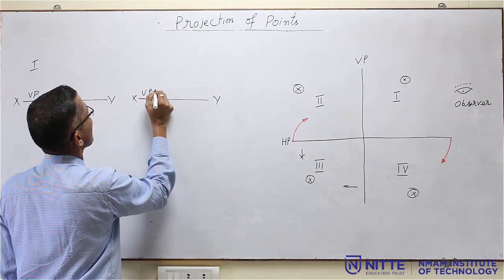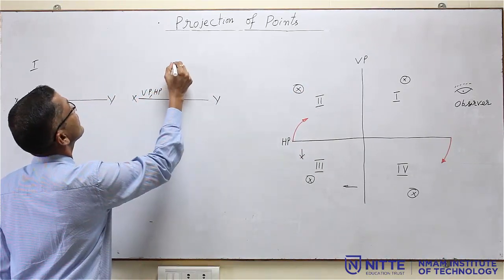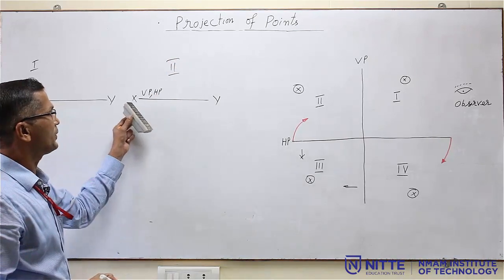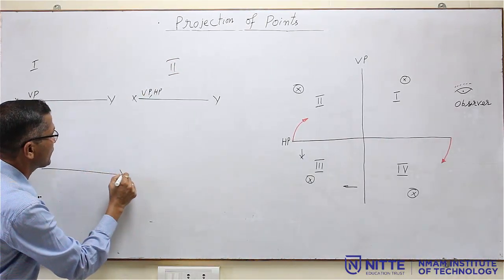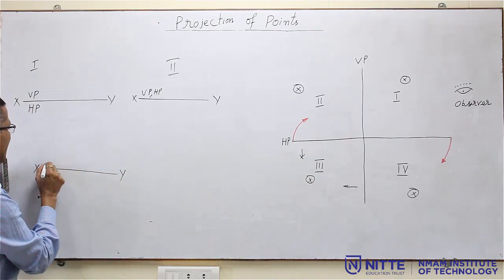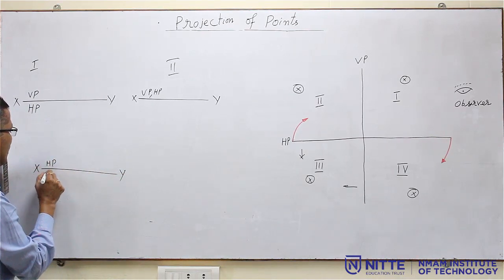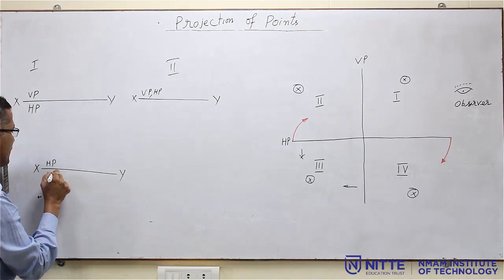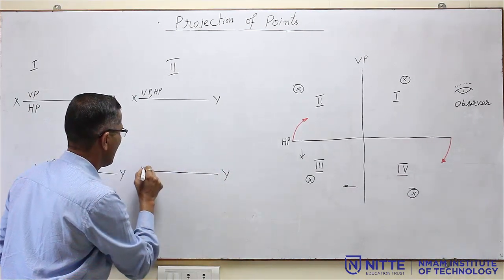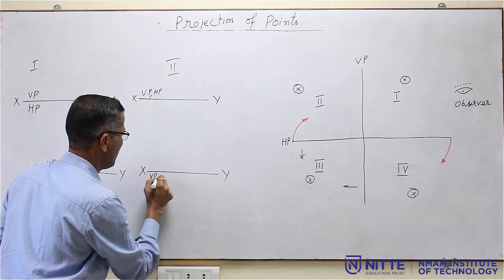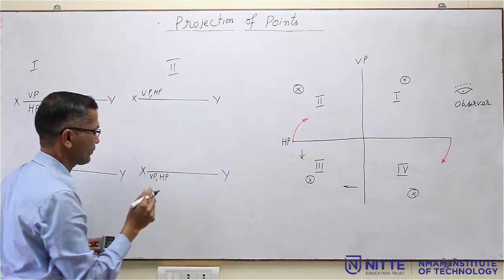This is VP, comma, HP. This is the second quadrant. For the third quadrant, you draw the XY line, and this will be HP, and below the line it will be VP. Fourth quadrant, it is X and Y and VP, comma, HP.